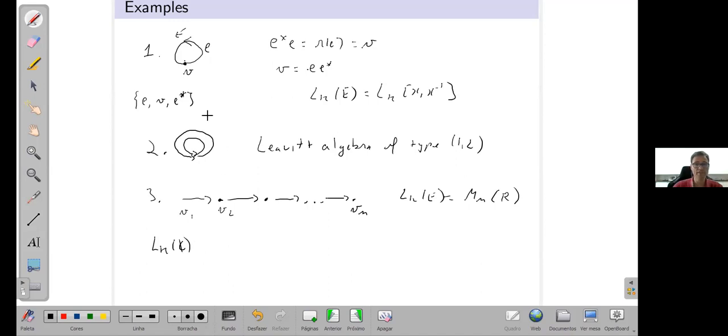So just for one of these examples, let's see this first example here. If you were in the C star algebra case, and we had the universal C star algebra, so recall, if I look at C star of this graph, let's call it E, C star of E, then we have the C star algebra generated by this partial isometry E, subject to this relation.